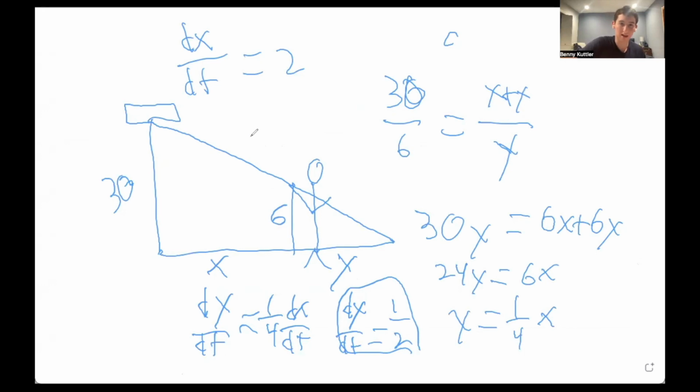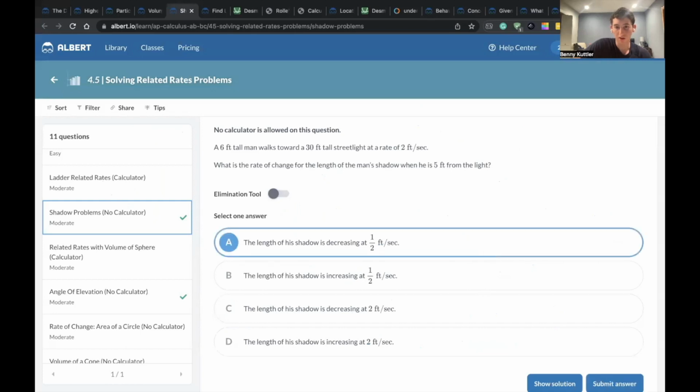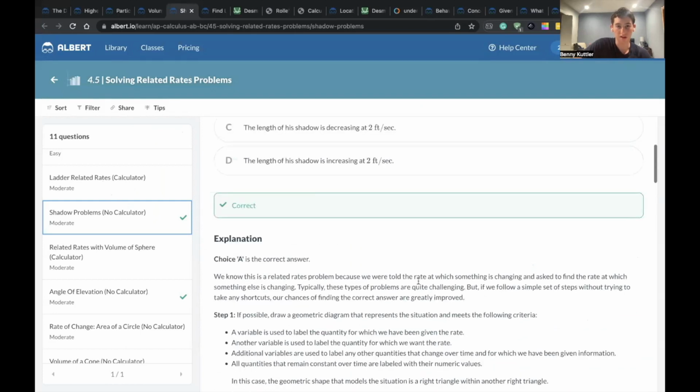So dx/dt is really negative 2, not 2, because you're going to the left, and this distance x is decreasing. So if we plug in negative 2 here instead of 2, then we get negative 1/2. And if a rate of change is negative, that means something is decreasing at that rate. So going back to this problem, we know that it's decreasing at 1/2 foot per second.